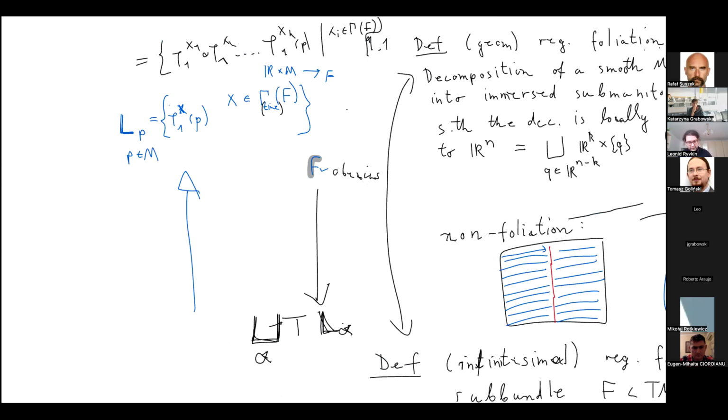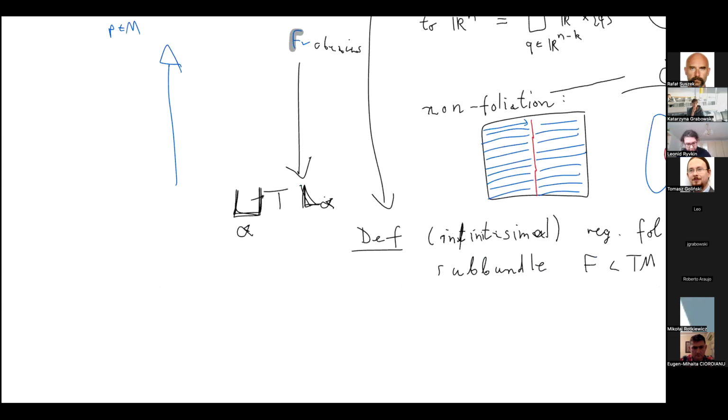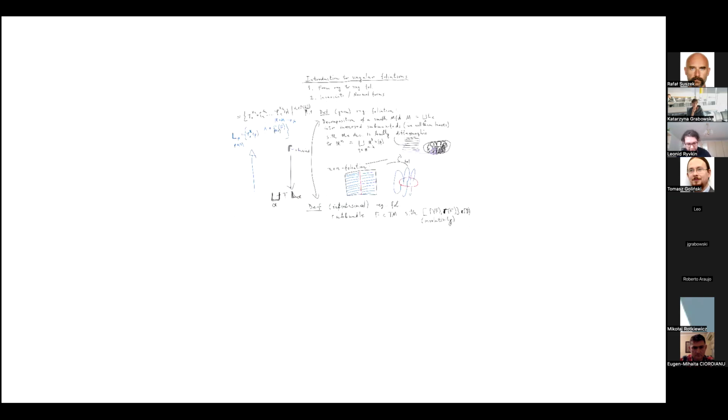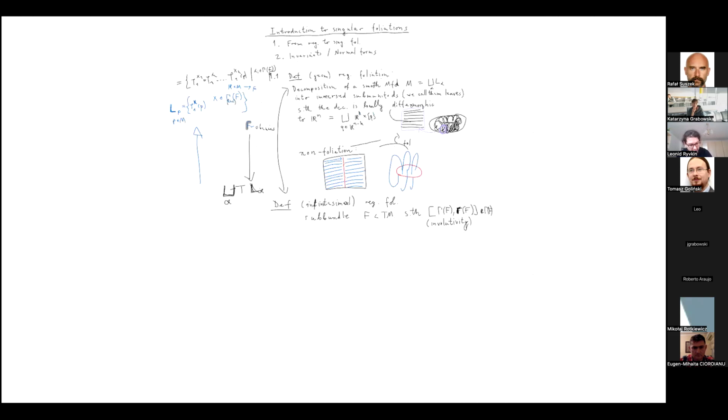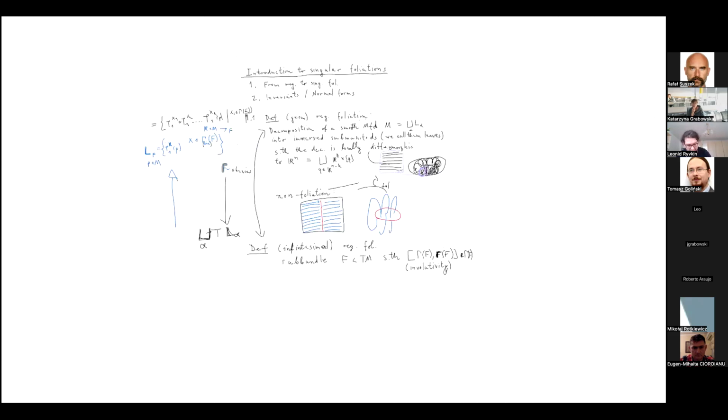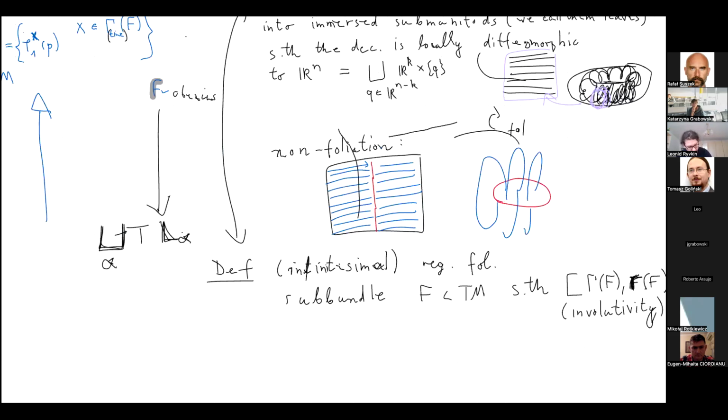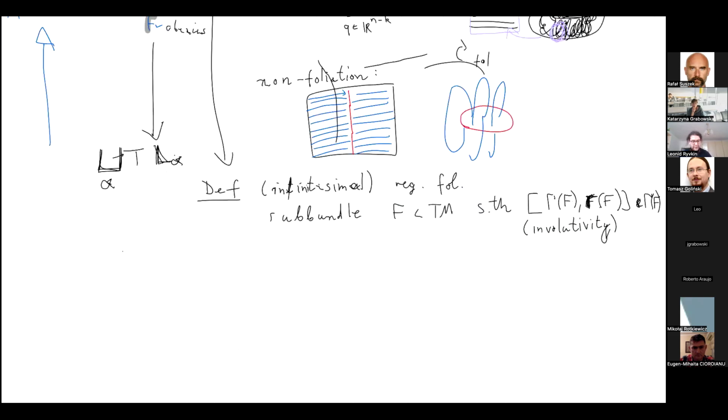Okay, so we have two different ways to describe the same thing, regular foliations. I will give a few classes of examples.